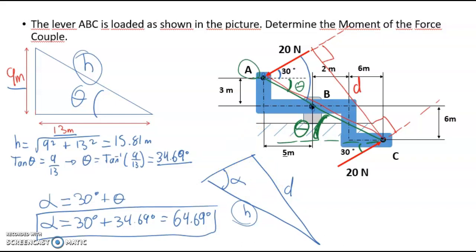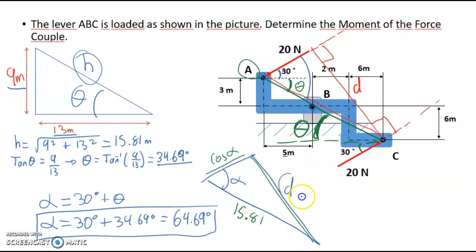If that's my angle alpha, and I already know h is 15.81, we can obtain this component using the cosine of alpha, and we can obtain this component, which is the one I care about, using the sine of alpha.